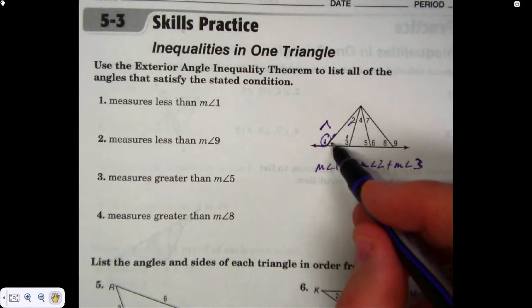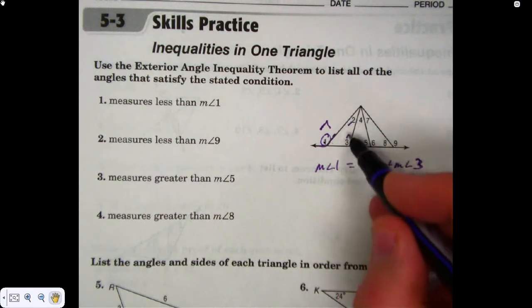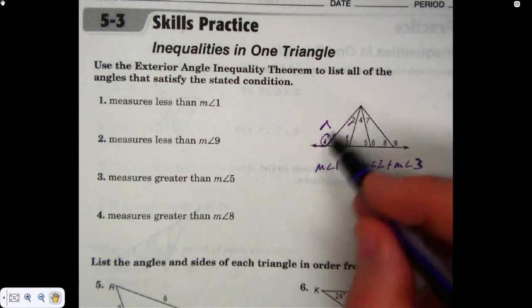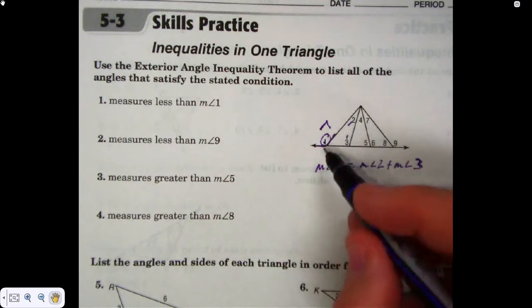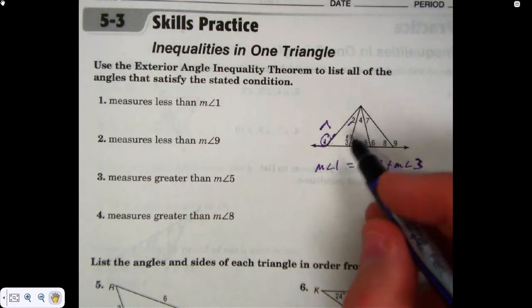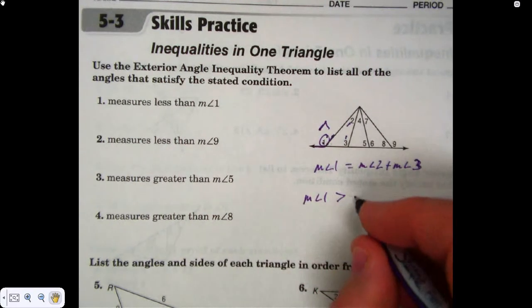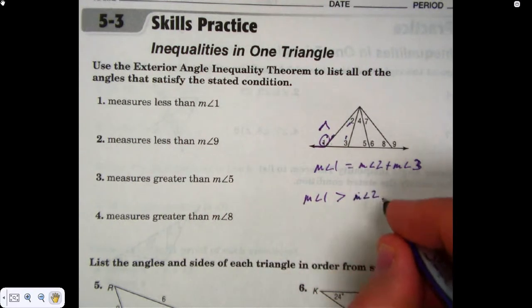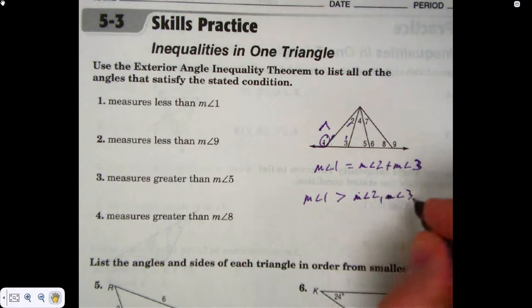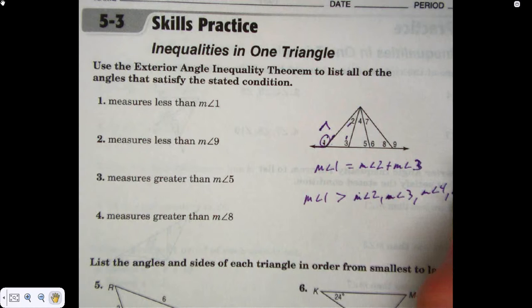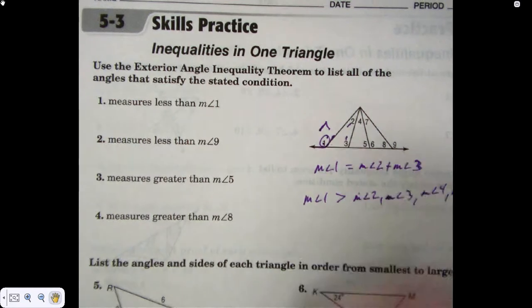Because this plus this equals 180. Well, this plus these two also has this, so this has to be what's left out of 180. Remember that from the exterior angle theorem? So, we know that measure of angle 1 has to be bigger than what? Measure of angle 2, measure of angle 3, or measure of angle 4, or the measure of angle 5, or the measure of angle 7, and the measure of angle 8.